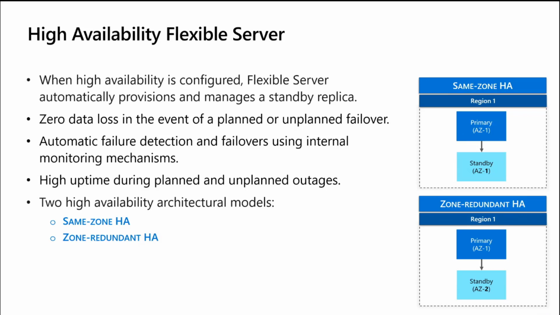And once maintenance is done, we fail over your primary instance to the standby instance and stay over there. Later on, you have the option to fail it back if you prefer to go that route. And as part of this HA configuration, you would have a standby instance running in a secondary zone, and it's an async replication. We guarantee 0 data loss, whether it's a planned failover or unplanned failover.